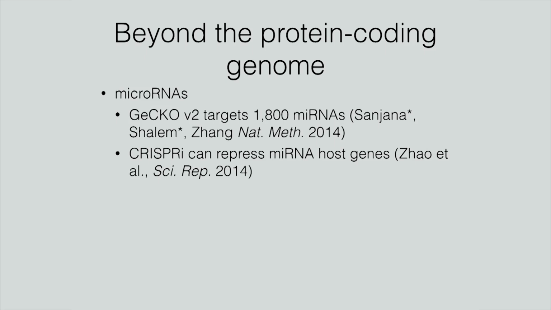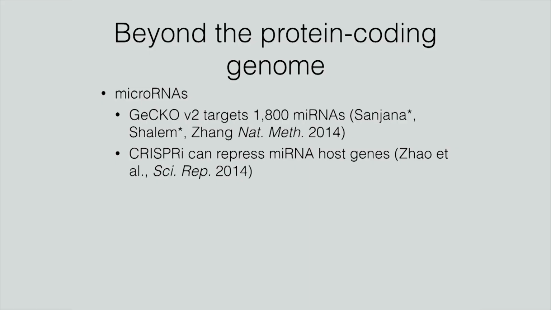So the GeCKO libraries now include sgRNAs targeting about 1,800 microRNAs, and I'd say this is a really nice tool for probing them because microRNAs are very short, 20 to 40 bases of specificity, and they usually have a pretty small seed region that determines all of its effect. So if you can mess with its specificity in even subtle ways, it should completely or almost completely disable microRNA function.